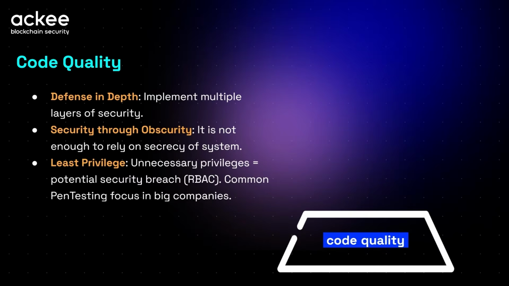So always keep the privileges as low as possible. Remember, the system is only as secure as its weakest part. This means the system is secure, but the weakest part is the employees.